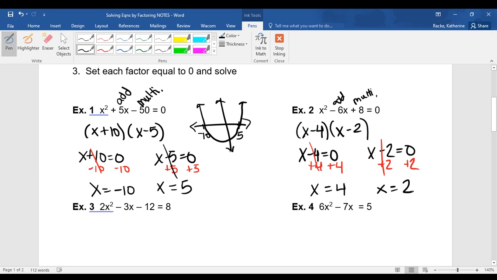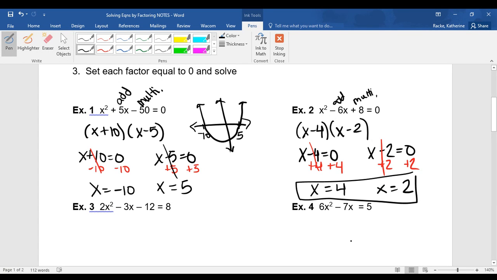Okay? If you want to make it a little simpler on yourself, you're just going to look at these binomials, and whatever the number is, it's just going to be the opposite sign. So because this is a negative 4, our x-intercept is going to be positive 4, and because it's a negative 2, our x-intercept is going to be 2. Okay, so our x-intercepts for example 2 are x equals 4 and x equals 2.